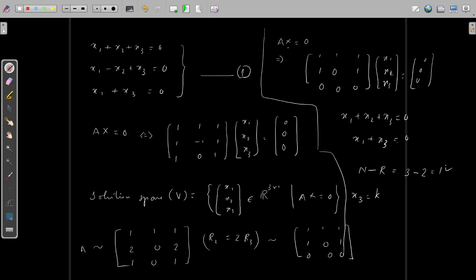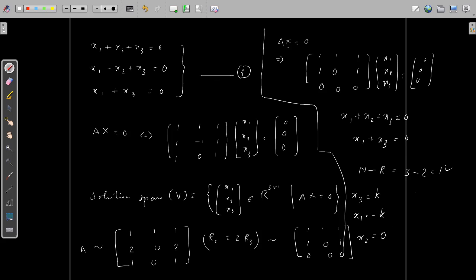Then from the second equation, x1 plus x3 equal to 0, we get x1 equal to minus k. Using x1 and x3, you can get the value of x2. From the first equation, x2 is minus of x1 plus x3, but x1 plus x3 is 0, so x2 is 0.